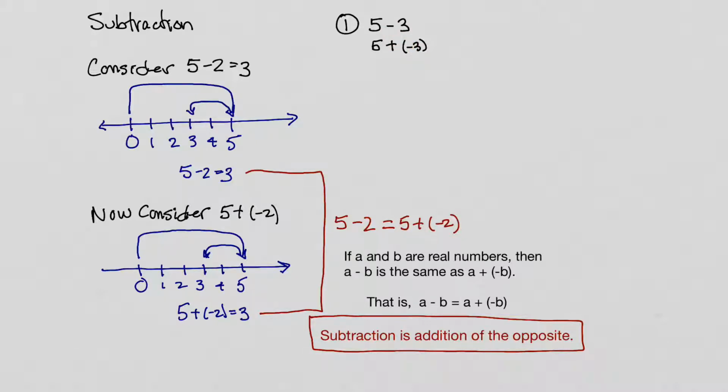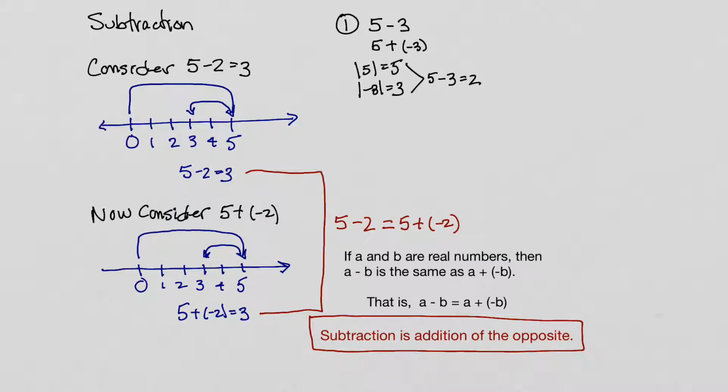And now we've got an addition of two numbers with opposite signs. So we find their absolute values. We'll take the absolute value of 5, which is 5, the absolute value of negative 3, which is 3, and we will subtract the smaller from the larger. That'll look like this. Now I know this looks kind of silly because it's just going in circles. 5 minus 3, knowing that that is equal to 2.